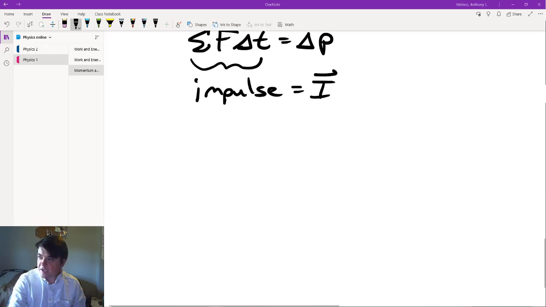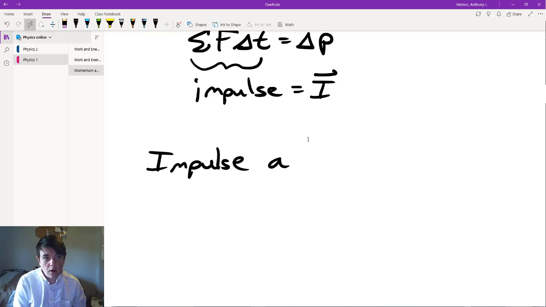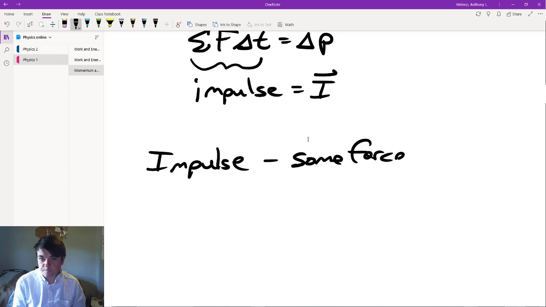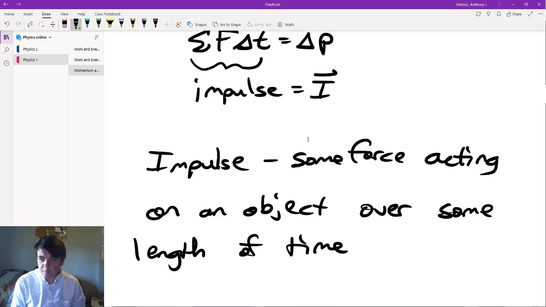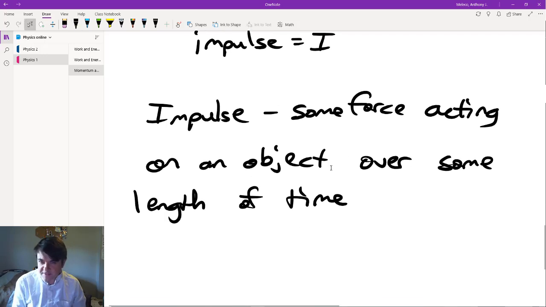Impulse can be thought of as some force acting on an object over some length of time. And for this stuff, it's usually pretty small.